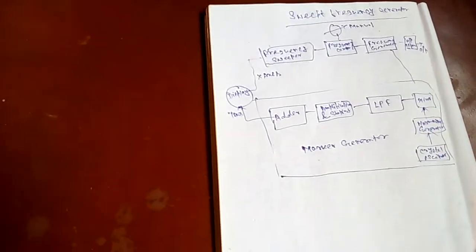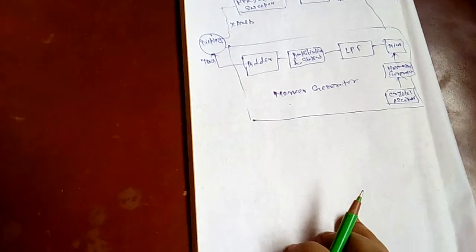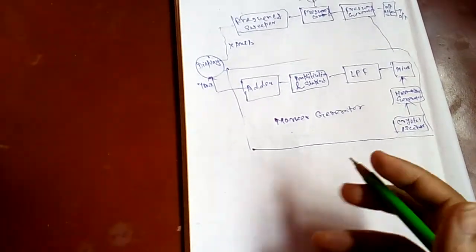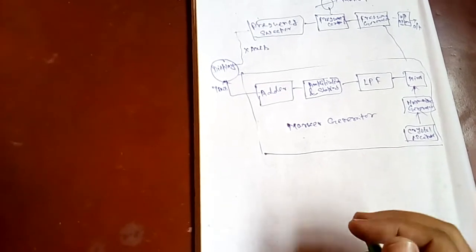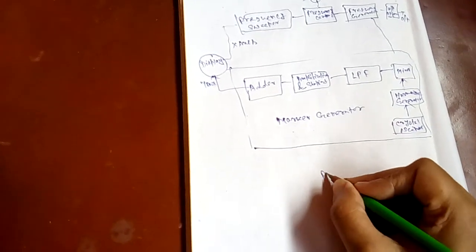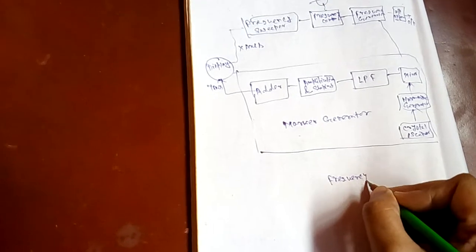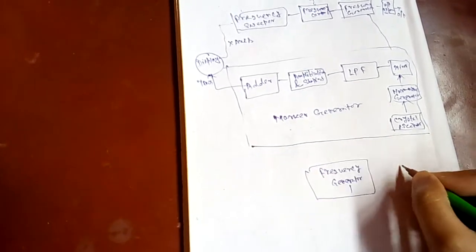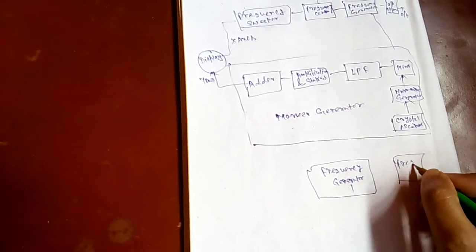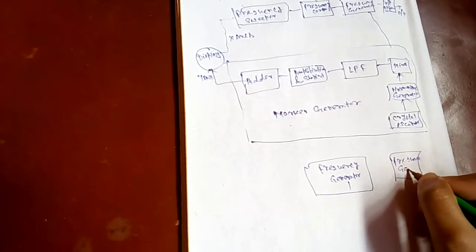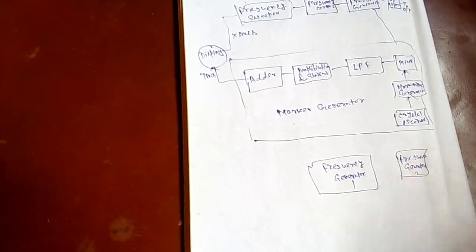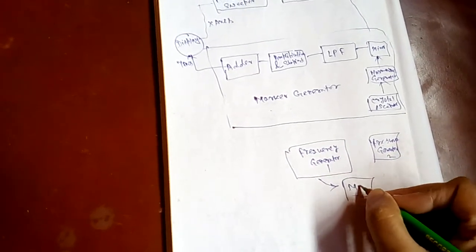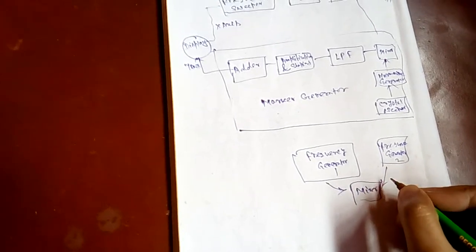If we see the heterodyne frequency range block diagram, similar to the previous one there are an x-axis and a y-axis. Here two frequency generators are used: frequency generator 1 and frequency generator 2. The two generators generate the frequencies, and these are mixed, hence the name heterodyne, meaning mixing.